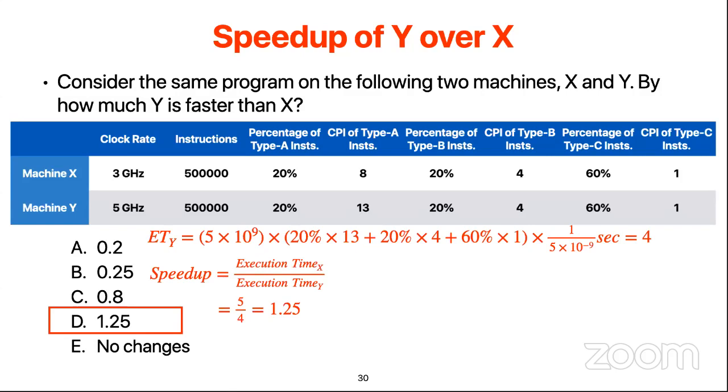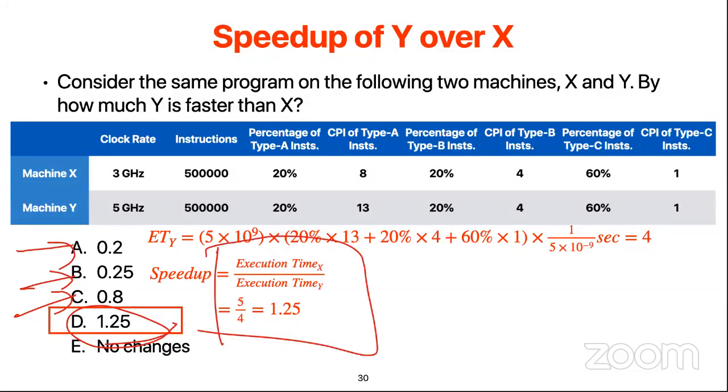Given this, if you really want to calculate the speedup, you have to calculate the execution time of both, and then you can get the speedup. So for this question, the answer is not A, not B, and also not C; it is D, because that's how we calculate it. If you don't like it, that's fine, but you have to accept it. There are tons of things we don't like but have to accept.